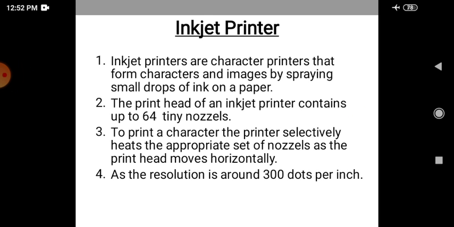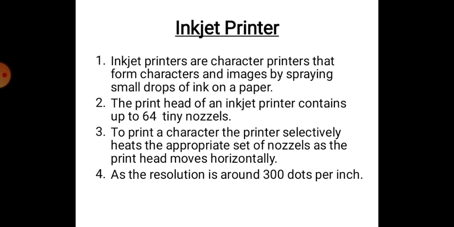Inkjet printer. Inkjet printers are character printers that form characters and images by spraying small drops of ink on paper. The print head of an inkjet printer contains up to 64 tiny nozzles. Students, many of you might have seen an inkjet printer.